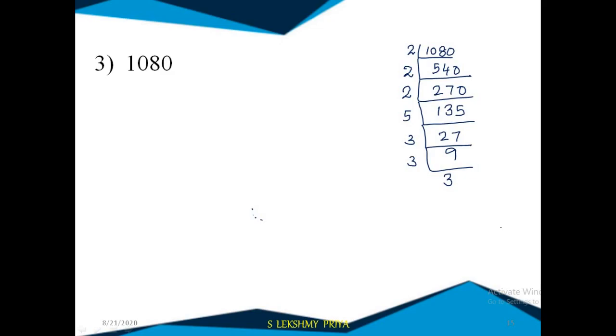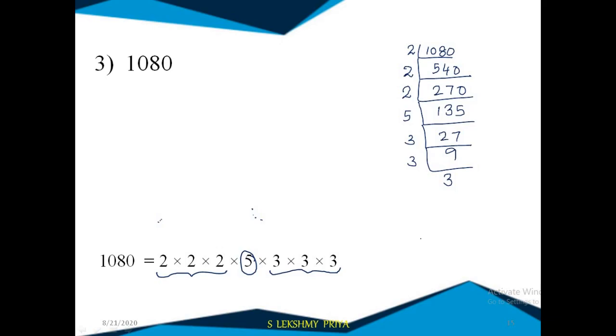So, we have just found the prime factorization of the number 1080. Let's write 1080 as the product of prime numbers. We can combine 2s and also 3s. But what about 5? It is not possible.